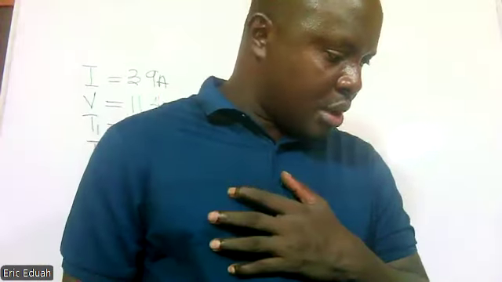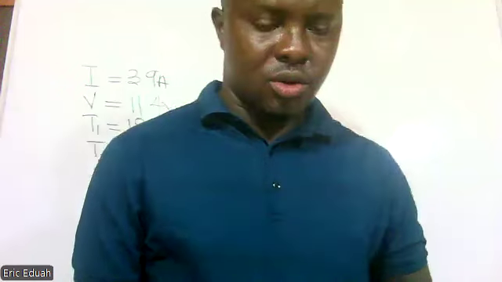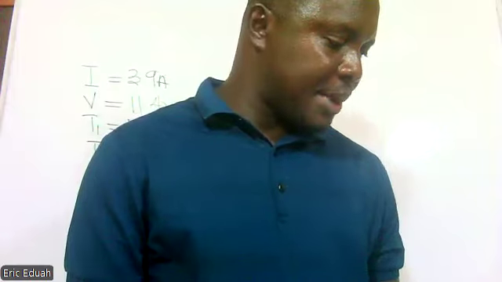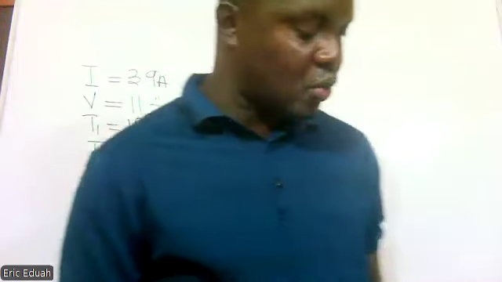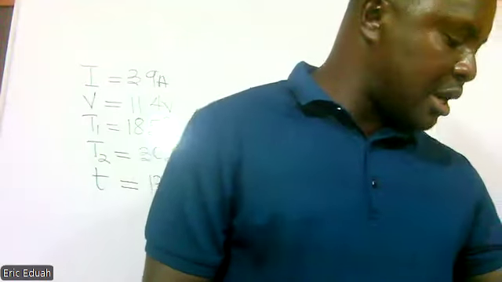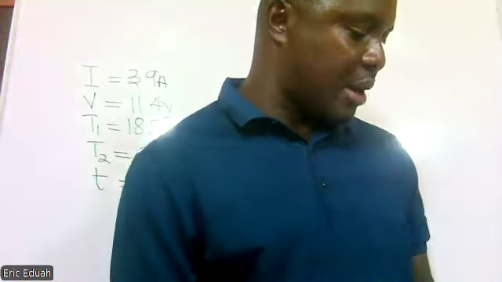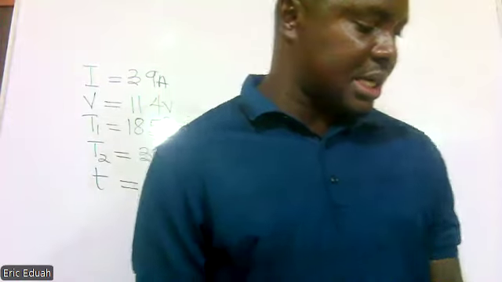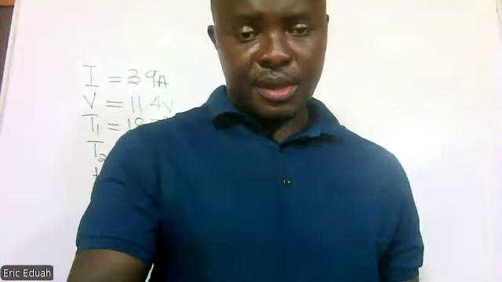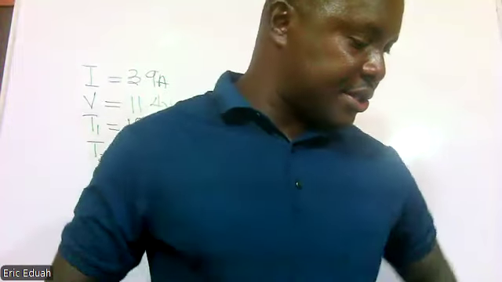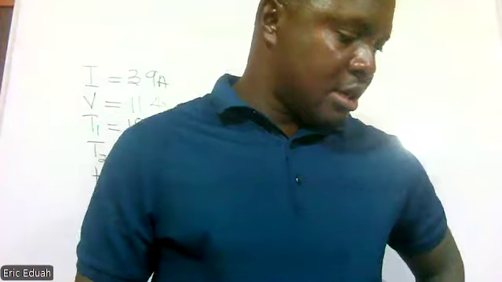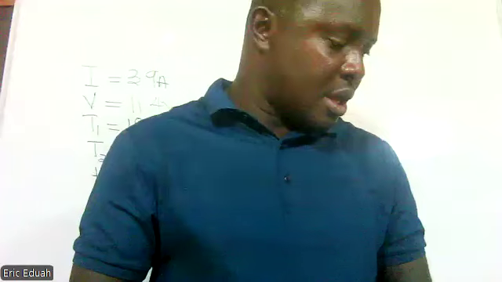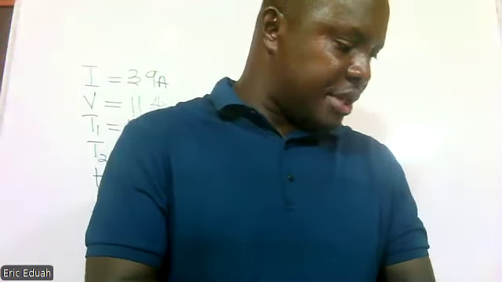Mass of beaker is equal to 150 grams. Mass of beaker plus water is 672 grams. Current in the heater equals 3.9 amperes. Potential difference across the heater, that's the voltage V, is 11.4 volts.